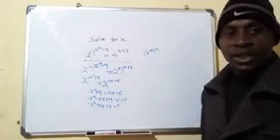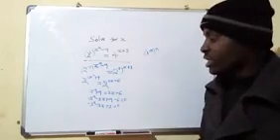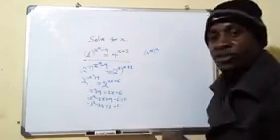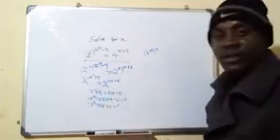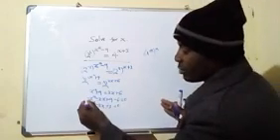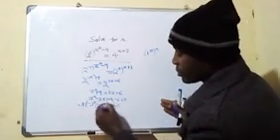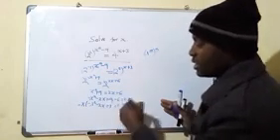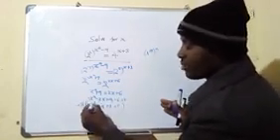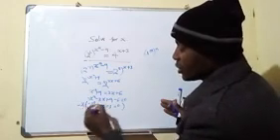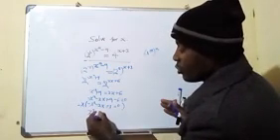So the best way to get rid of that negative, so that you have a positive a, is to multiply throughout by the negative sign. So I will say multiply by negative. When I say negative times negative x squared, I'm going to have positive x squared. This one times that one, I'm going to have positive 2x.